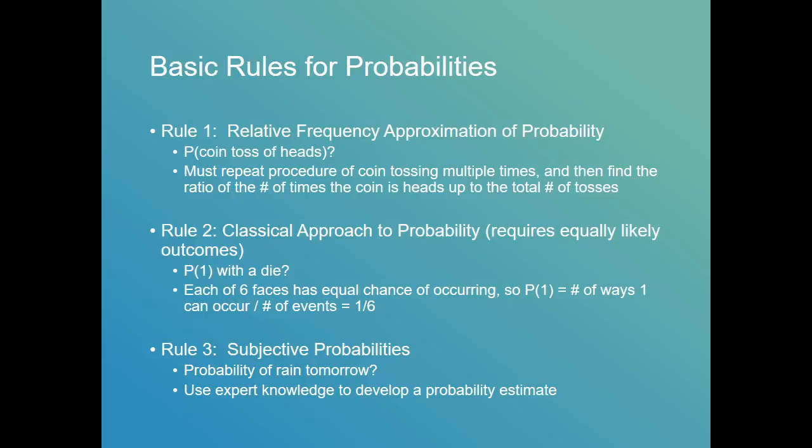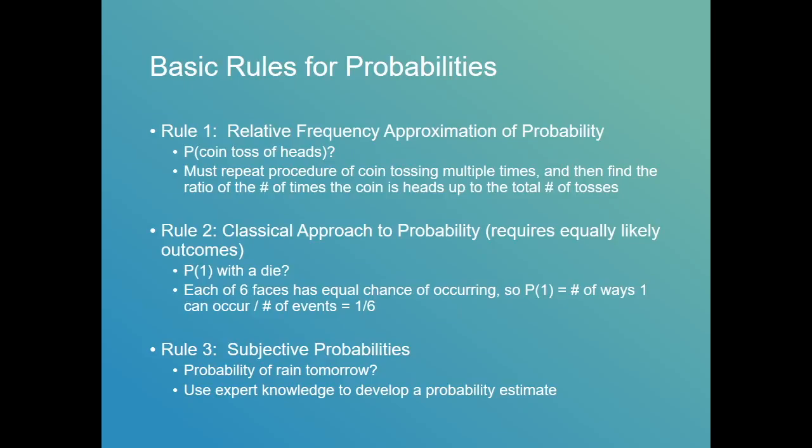The probability of getting a 1 would be equal to the number of ways 1 can occur divided by the number of events. If the die has 6 sides, there are 6 events, and there's only one way that 1 can occur. So the probability of getting a 1 when rolling a die would be 1 out of 6.